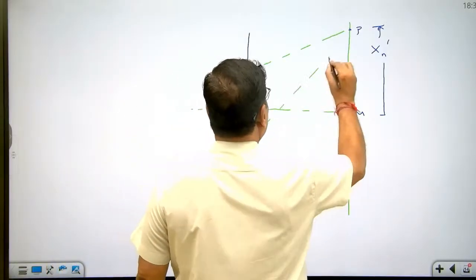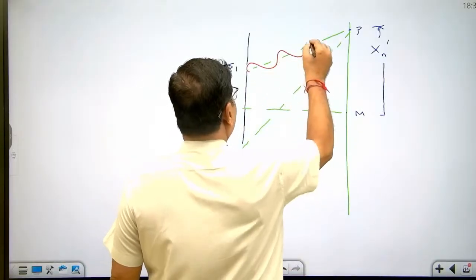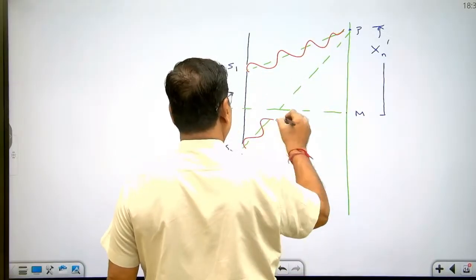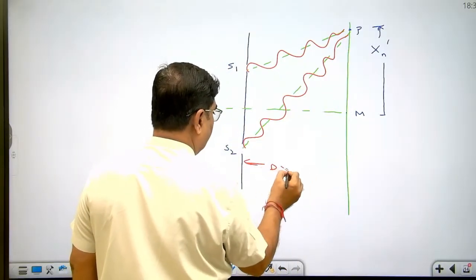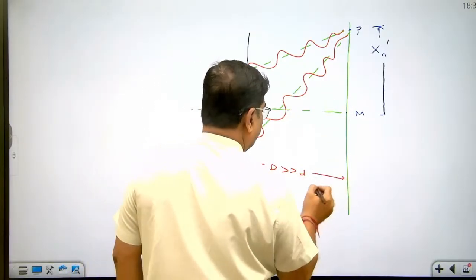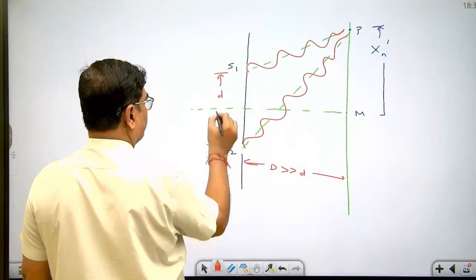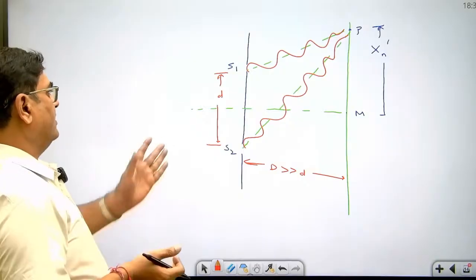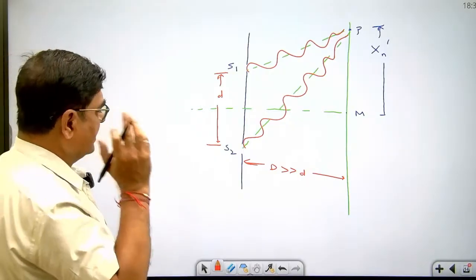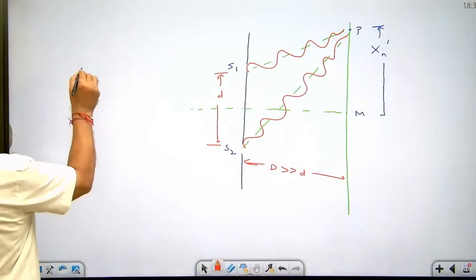Waves are reaching from S1 and S2 at desired point P on the screen. S2P minus S1P we have assumed to be 0. Small d is the separation between coherent sources. Capital D is the distance between screen and plane of the slits, okay? That is S1, S2.